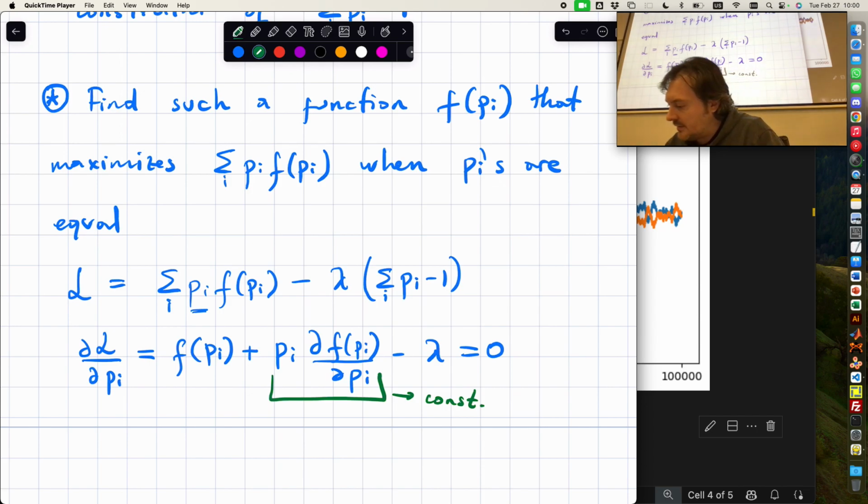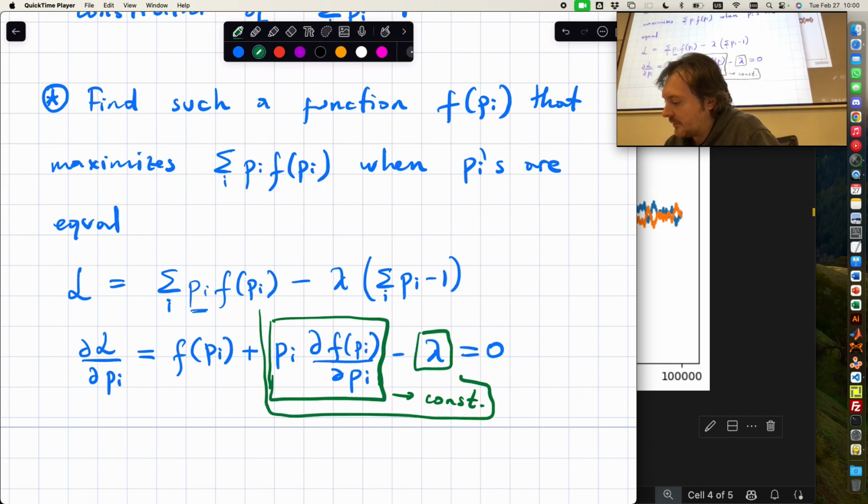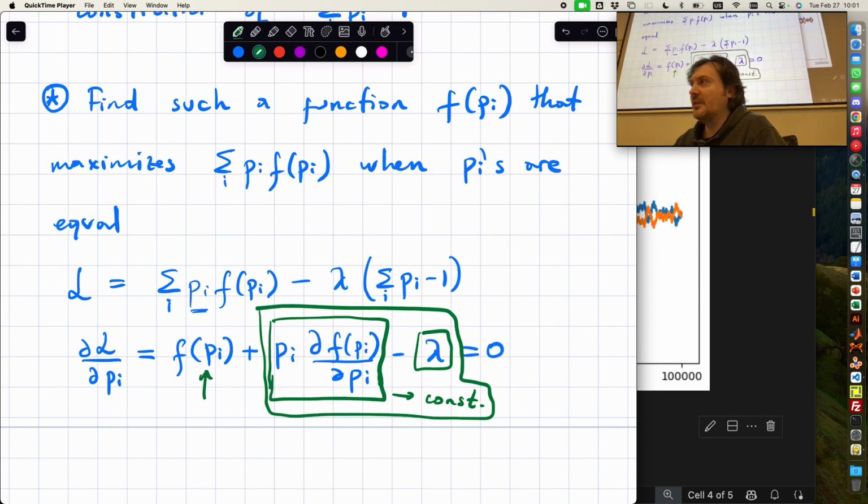Sure. Let's say this is a constant. Only this term is a constant. So this is also a constant. So this whole thing becomes a constant. Then it means that this has the same value no matter what pi is, which, since it's a function, and let's say it's a well-behaving one-to-one function, if every f(pi) is the same value, then every pi is the same value. You can't tell this for any function, right?